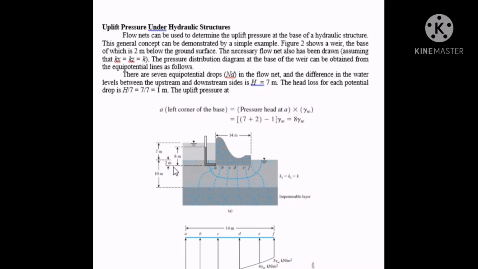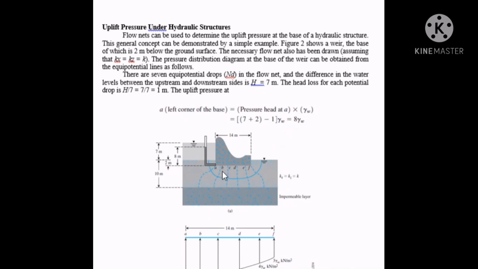Tapos, isusubtract natin yung head loss dun sa potential line na yun. We already got the head loss in point A, that is 1 meter. Per equipotential line, may head loss tayong 1 meter. So at the first equipotential line, ang head loss natin is 1 meter. So 7 plus 2 minus 1, multiplied by the unit weight of water, is equal to 8 unit weight of water.